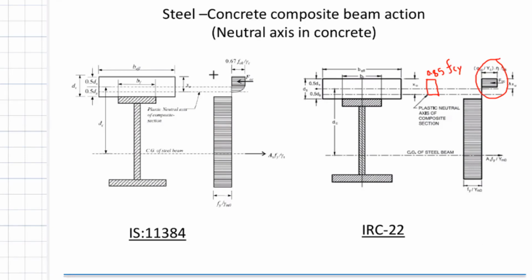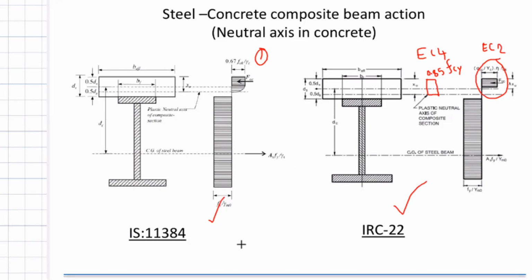Now we have three options. Option one, parabolic, which we use in IS 456. This is EC4, and this is IRC 22, but basically very similar to EC2, right? So three stress blocks. In IRC 22 we use this, and in IS 11384 we can use this.